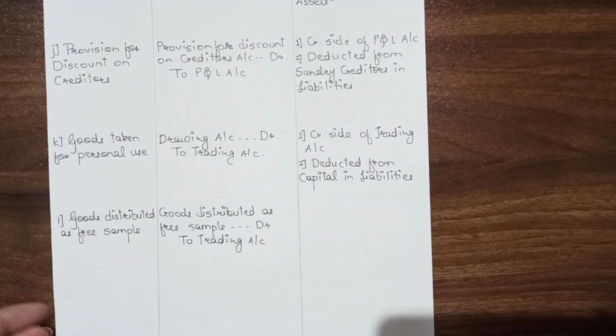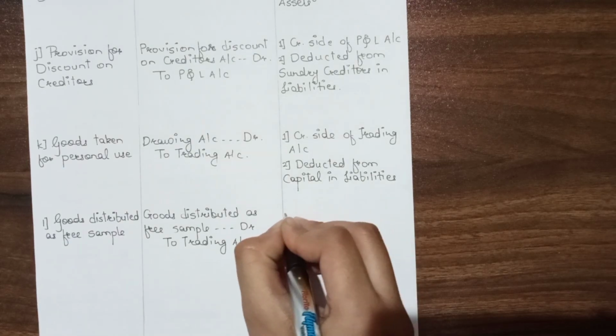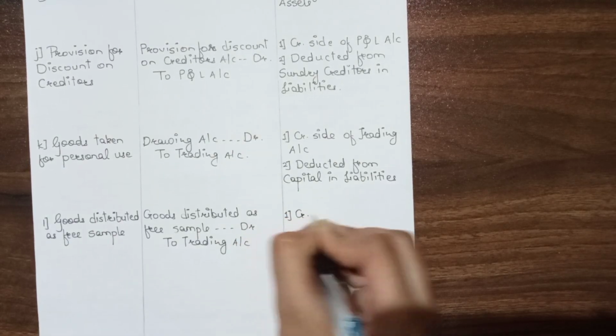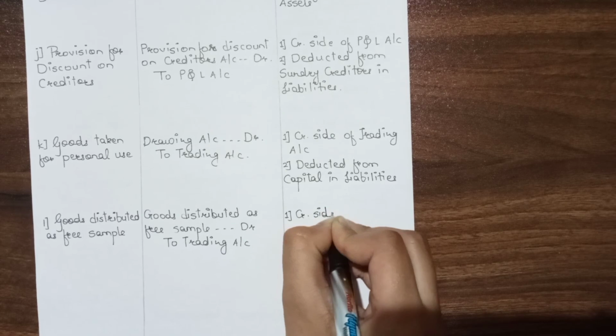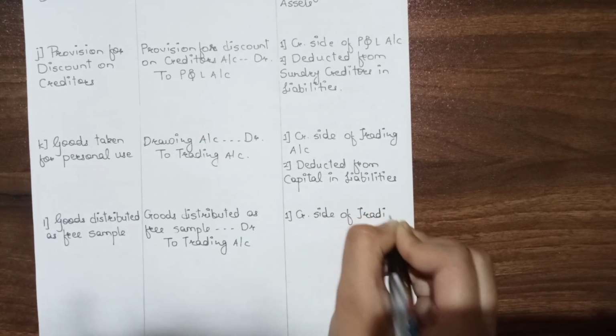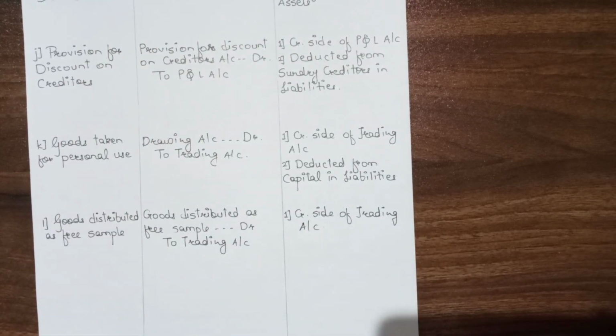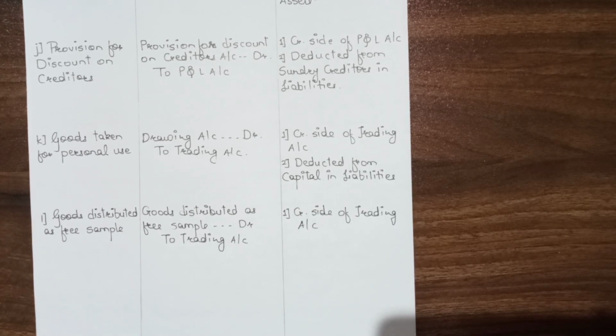Now the two effects for this. The first will be in the credit side of trading account. And the second effect will be a debit effect in the profit and loss account.